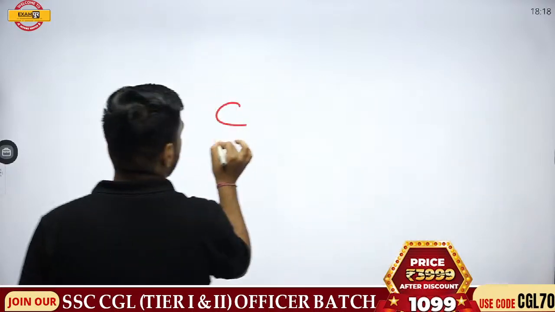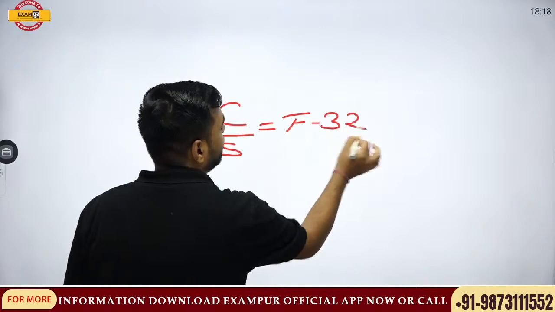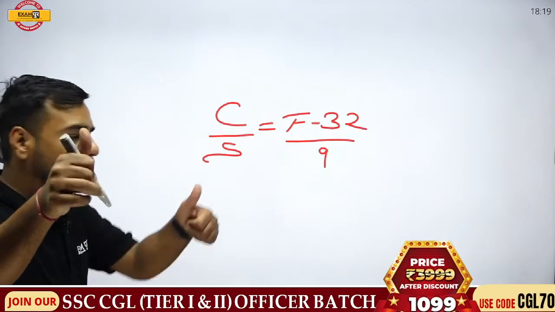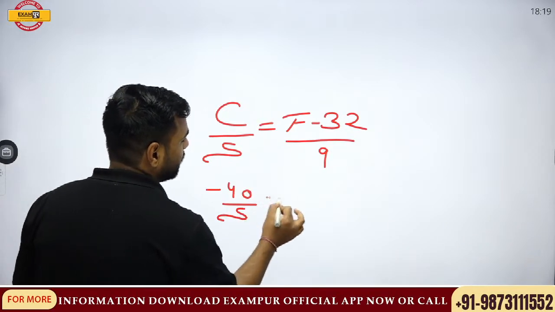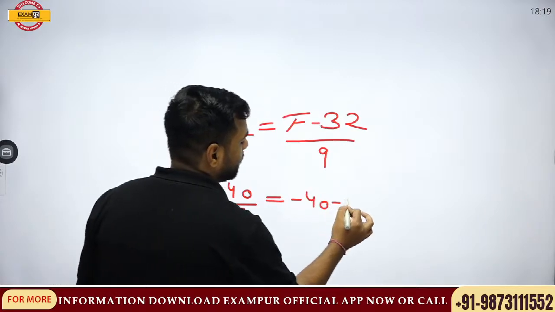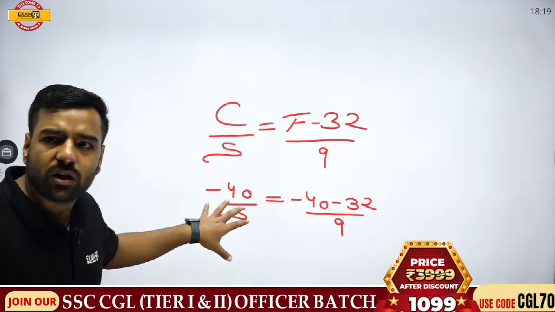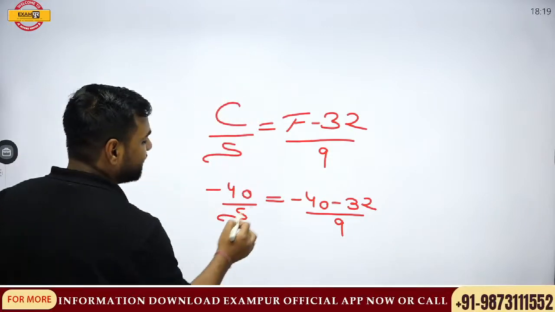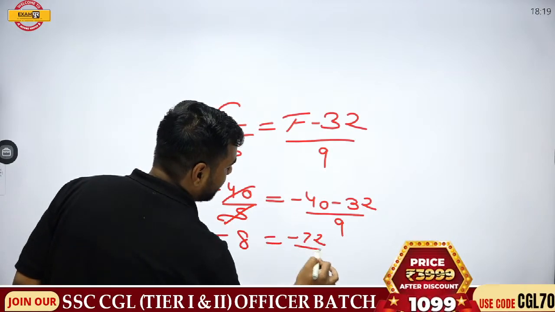C/5 is equal to (F − 32)/9. This was previously asked. Totally correct, Ganesh. Awesome. So let's have a look. −40/5 is equal to (−40 − 32)/9. If I try to solve this out, on the left hand side it will be −8, and on the right hand side −72/9, that is again −8.